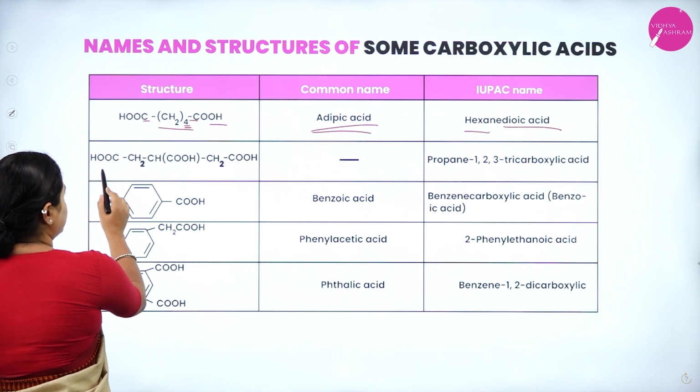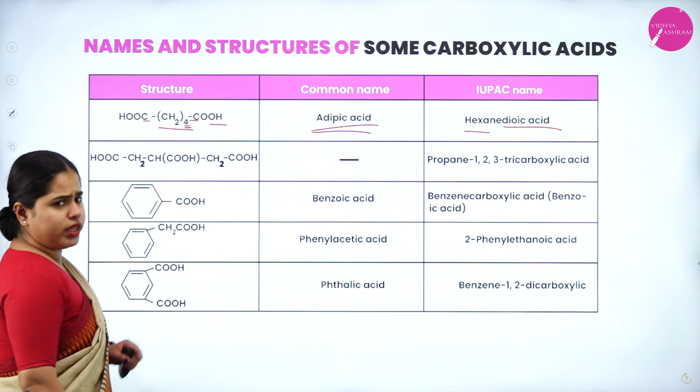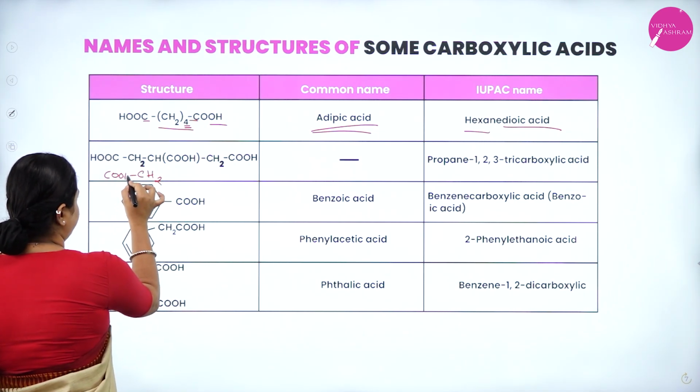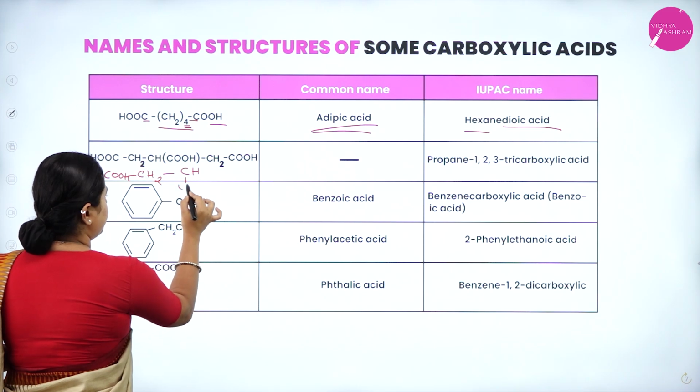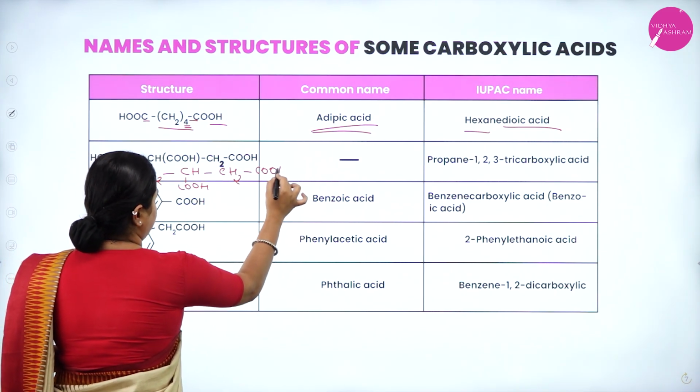The next one is COOH, CH2, CHCOOH, CH2 COOH. So here you can see CH2 COOH is there, and on the second carbon atom you have another COOH, and on the third carbon atom you have another COOH.